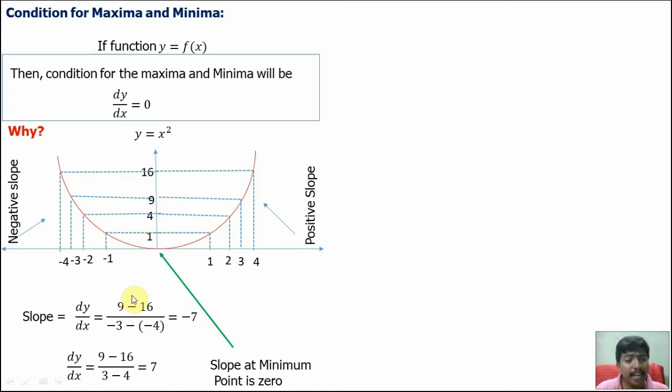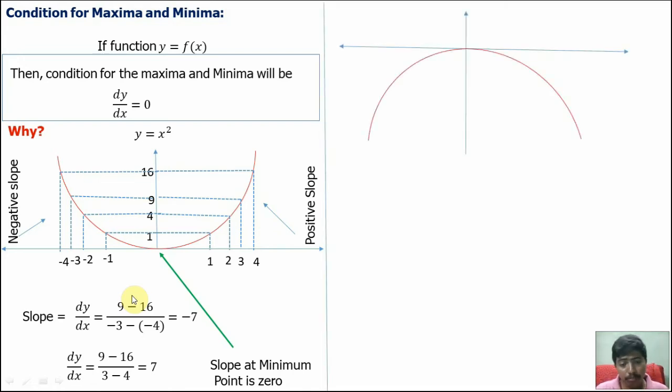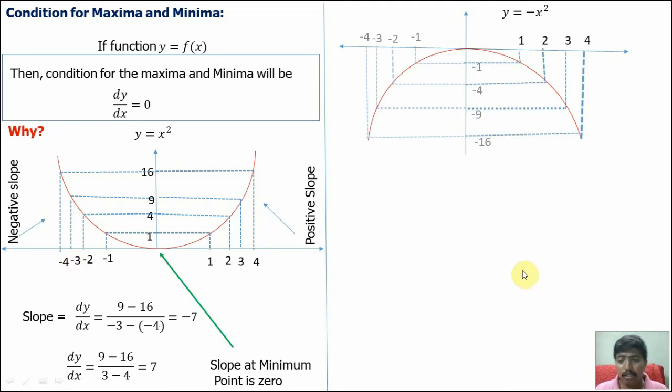Let me take another function, a maximum function. This curve. What will be the function for this? Y is equal to minus x square. Because substituting the values x equal to 1 to 4 and x equal to minus 1 to minus 4, we will get like this. When x equal to 1, y will be minus 1. X equal to 2, minus 4.